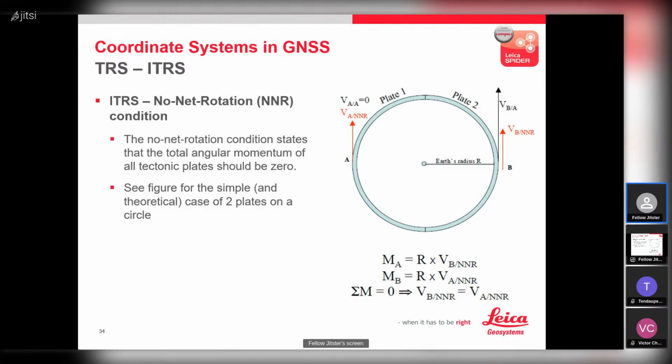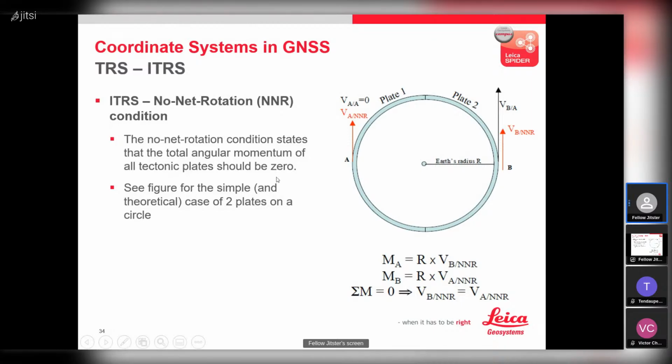Because as I said, all tectonic plates move. So you don't find a static point on Earth. Everything is in motion. So basically, what this NNR condition does is it just takes velocities of all tectonic plates on Earth and tries to minimize them.